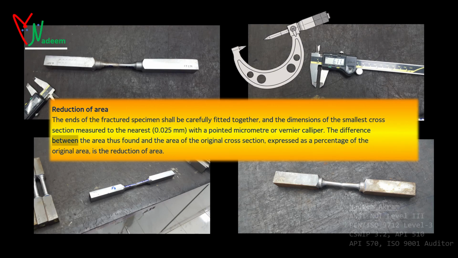The difference between the area thus found and the area of the original cross-section, expressed as a percentage of the original area, is the reduction of area.